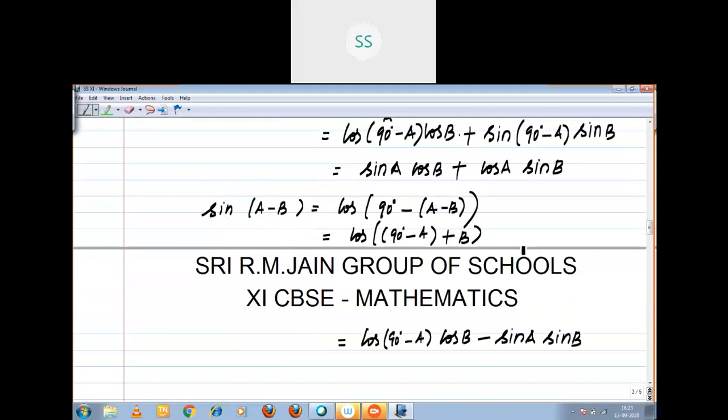Cos(A plus B) is what? Cos A cos B minus sin A sin B. So cos(90 minus A) cos B minus sin(90 minus A) sin B. Got it, children? Here plus means you will get it as negative.